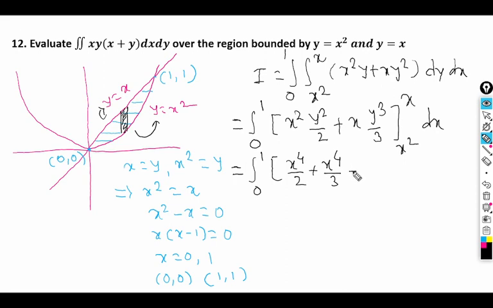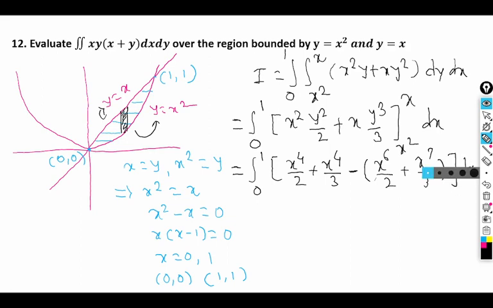Now minus the lower limit. See, we are replacing y by x square. X square, it's a square, that is x to the 4. x to the 4 into x square, that is x to the 6, x to the 6 by 2. Here x square raised to 3, so this is 6 plus 1, that is 7. So x raised to 7 by 3, dx.